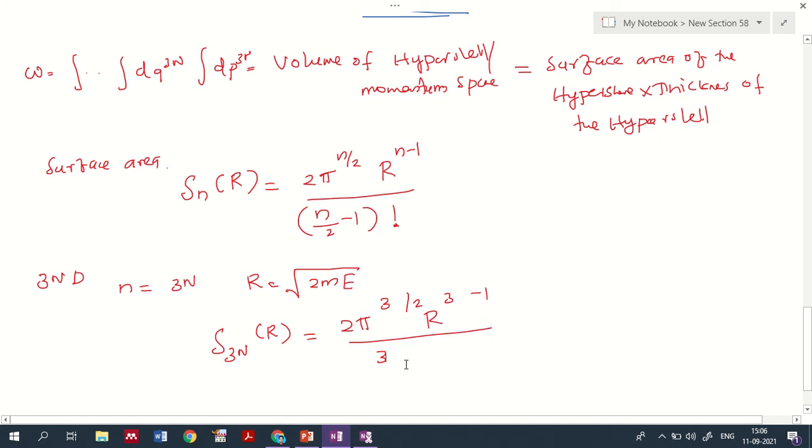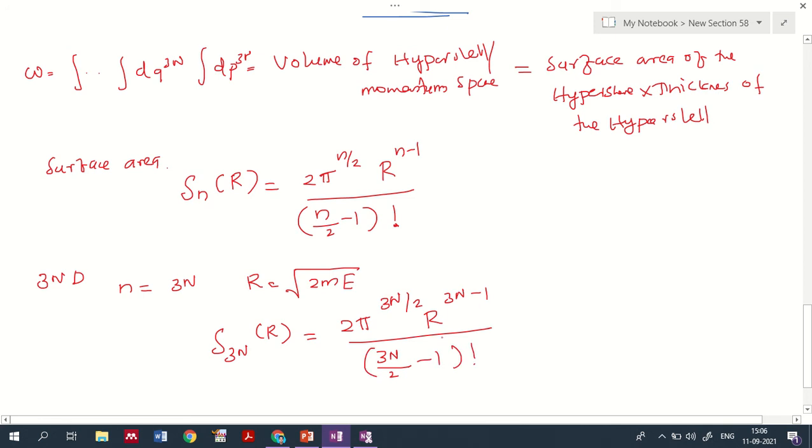It is capital N, so I changed it. This is how the surface area representation will look.